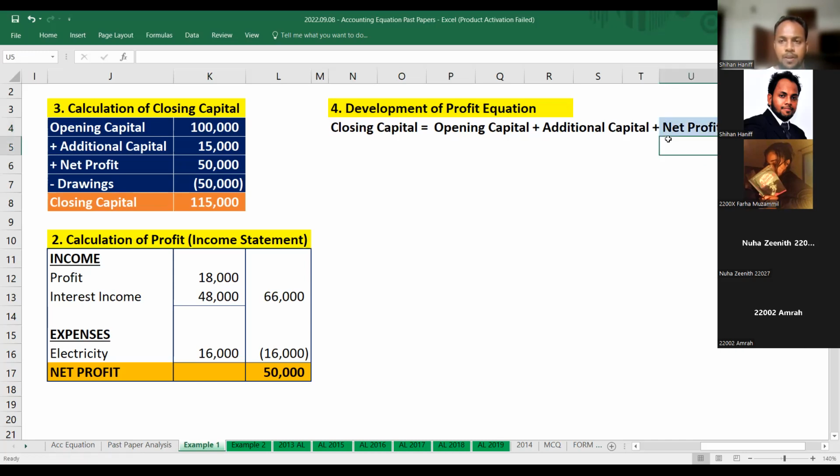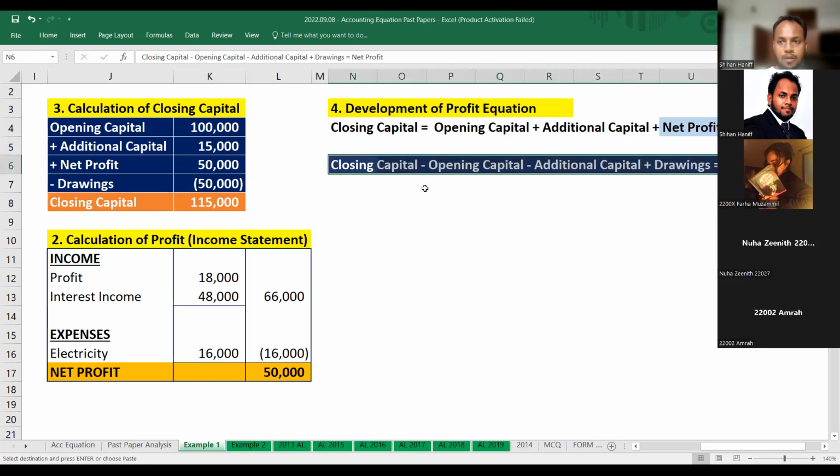If you keep the net profit on the right side and put everything on the other side, derive the equation. Closing capital minus opening capital. This becomes minus, this becomes minus. Drawings become plus.